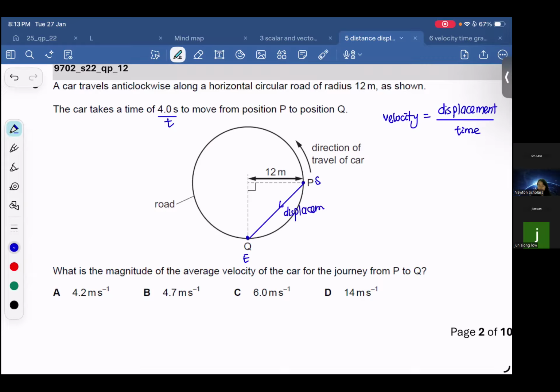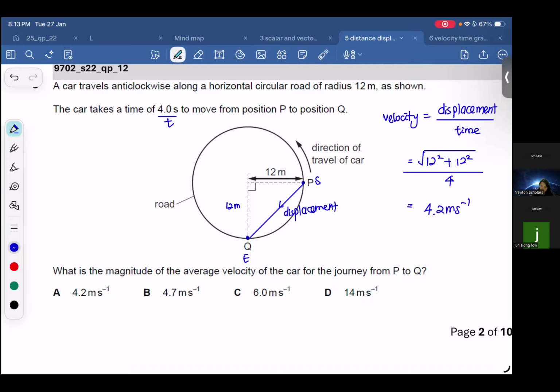Displacement. Okay, the rest of the equation is actually mathematics. Here 12 meters, and this one is also 12 meters because this is the radius. Then the displacement, you use Pythagoras theorem, which is the square root of 12 squared plus 12 squared. That is your displacement, divided by 4 seconds. So your answer should be 4.2 meters per second.